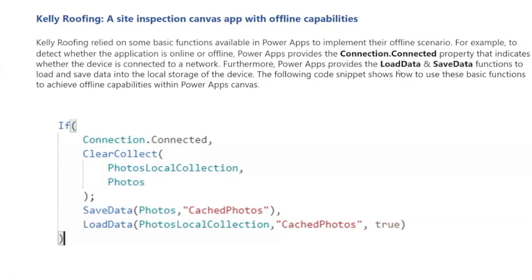So these are very rudimentary, simple functions that allow you to orchestrate the loading and saving of data into local stores of the device. Being aware of that helps you decide from the get-go whether Canvas is the appropriate technology for this. Offline in model-driven app is more automatic.